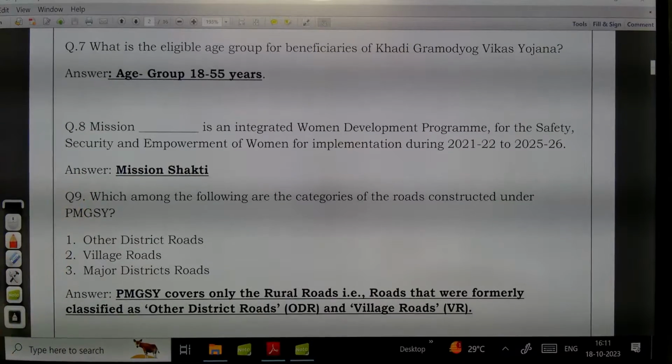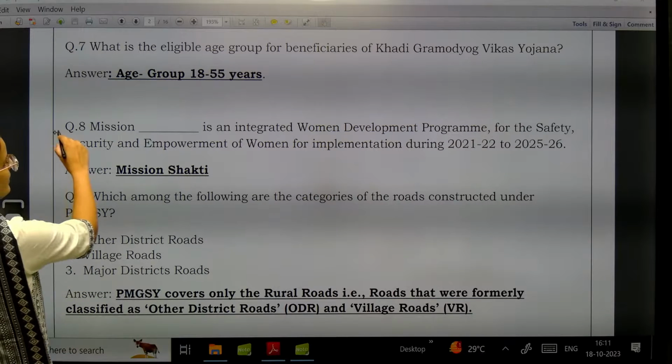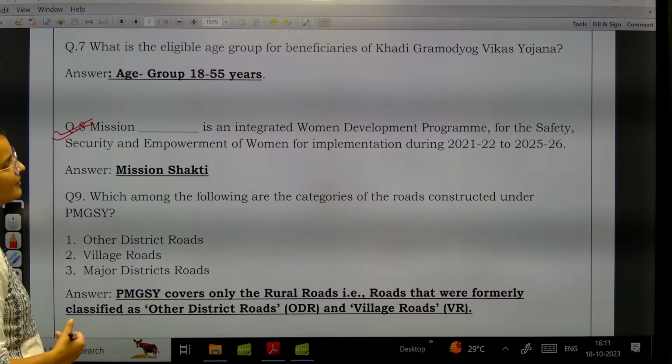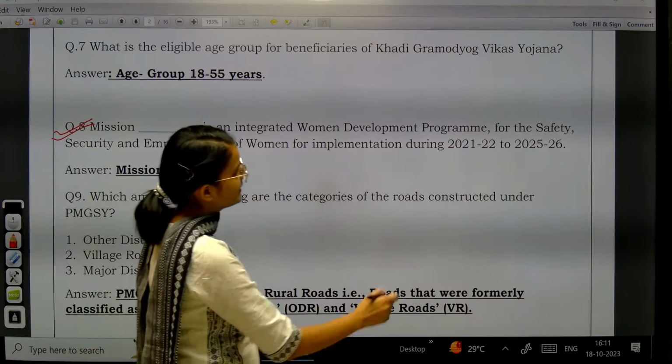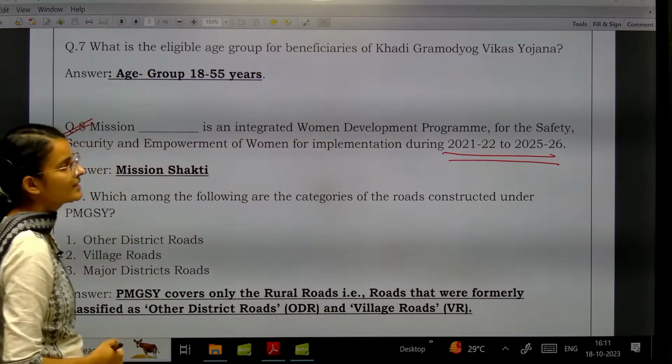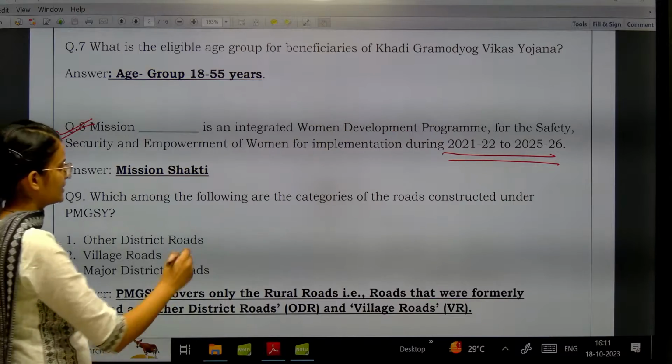Mission Shakti was in news. So Mission Shakti is an integrated women development program for the safety, security, empowerment of women for implementation during this time period. There were two components, Sambal and Samarth.